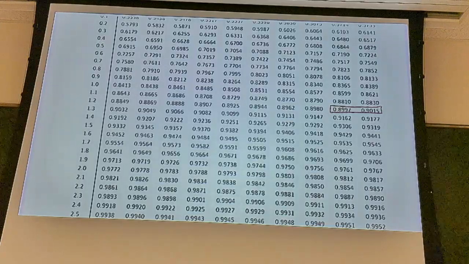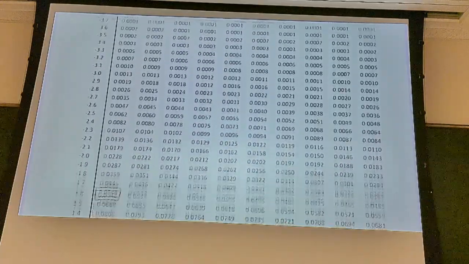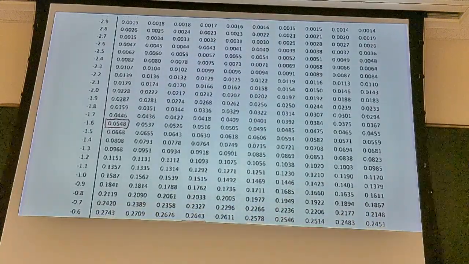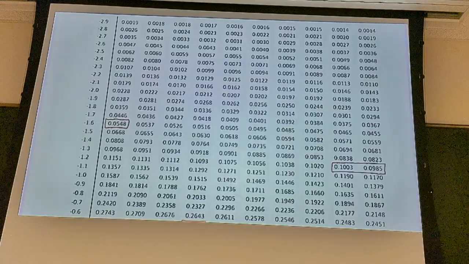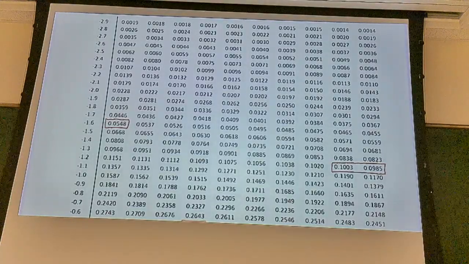Which we know is going to be up here somewhere. And we actually did this last time, I believe. It's going to be somewhere between there, but it was really, really close to that negative 1.28. So that's what I'm going to use. I'm just going to use the negative 1.28, which is the same value as the other one.